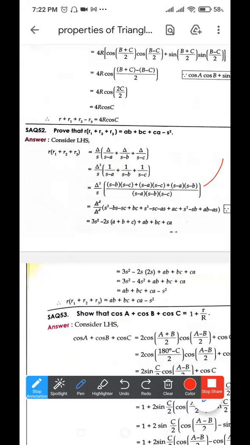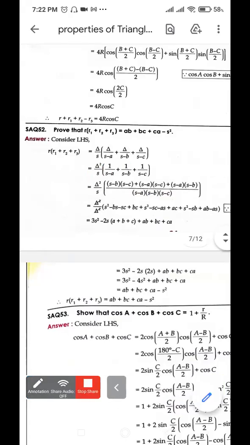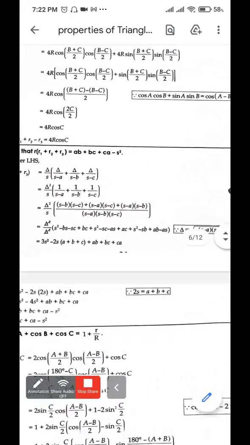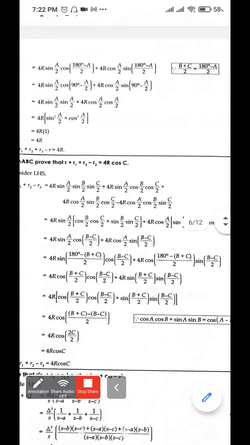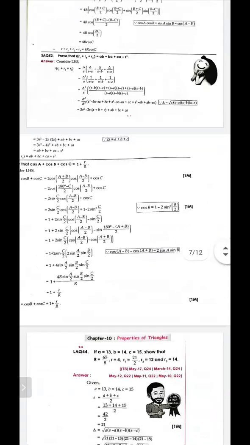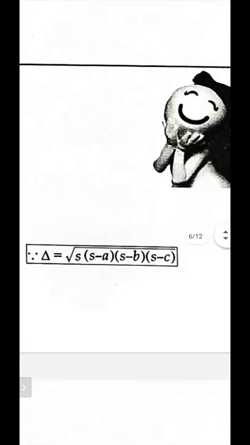Now s into s minus a into s minus b is nothing but delta square. You are using this formula. s into s minus a plus s minus b into s minus c is nothing but delta square over here.